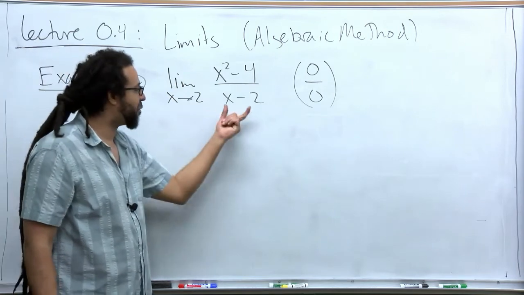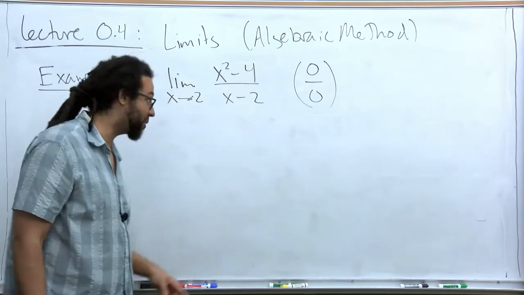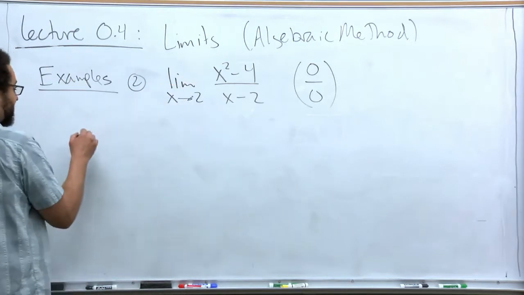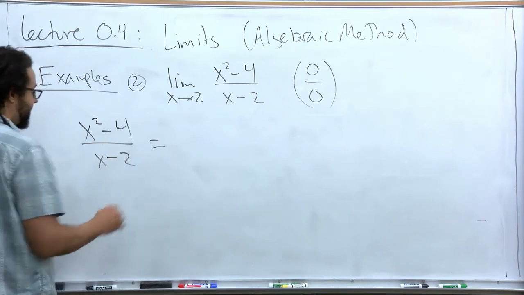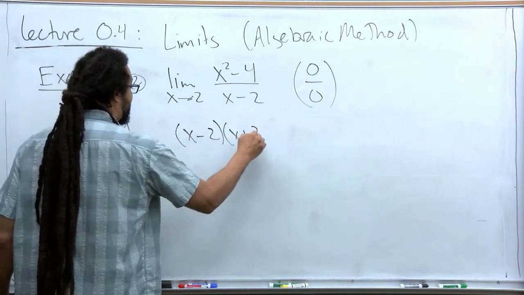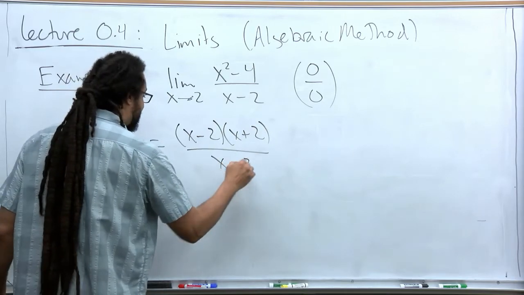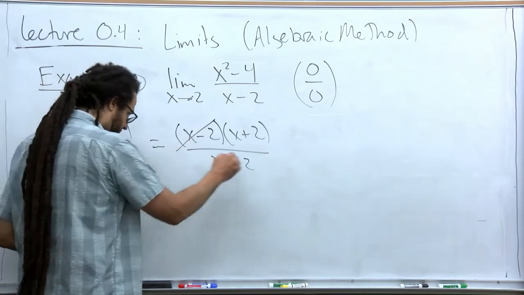So you see that the problem factor here is x minus 2, so we'd like to cancel that out if possible. So let me just start with the function x squared minus 4 over x minus 2. That's the same thing as x minus 2 times x plus 2 over x minus 2. And now I'm allowed to cancel these two things.